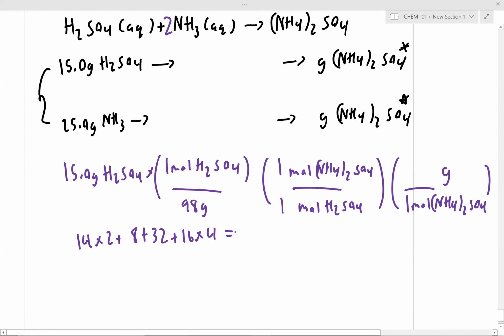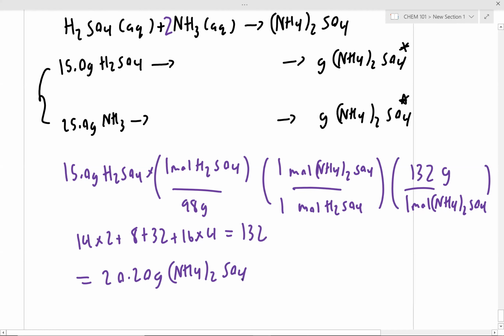I think we have actually calculated this exact molar mass before. So we have a molar mass of 132 grams per mole. So at the end of this entire calculation, we have 15 over 98 times 1 times 132. We get 20.20 grams of ammonium sulfate predicted.